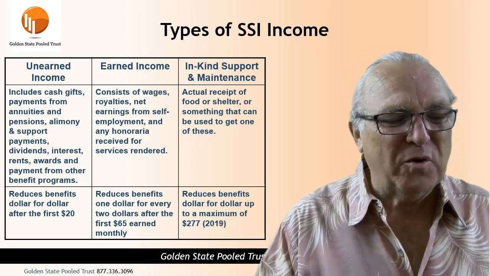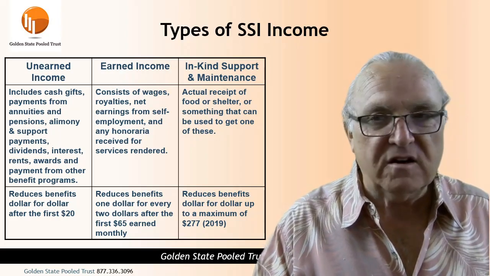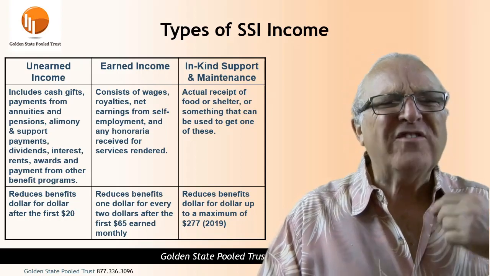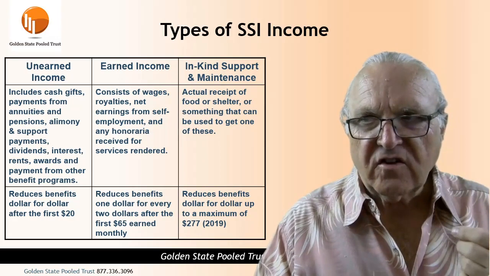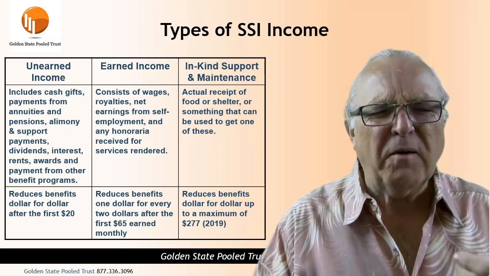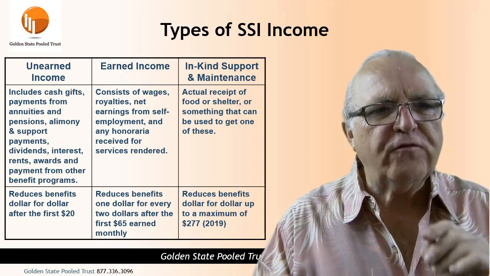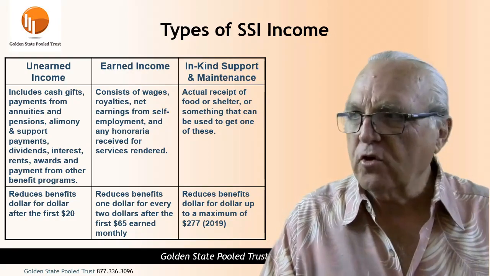Something we're going to be dealing with a lot today is the concept of in-kind support and maintenance and the presumed maximum value. So what's important to understand here is that SSI, when it was first set up, was literally 1/3 for food, 1/3 for shelter, and 1/3 for clothing, which we don't count any longer.